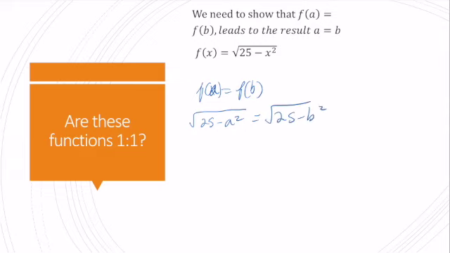Now how do I get rid of radicals? I square them because squares undo square roots. So I get 25 minus a squared equals 25 minus b squared.